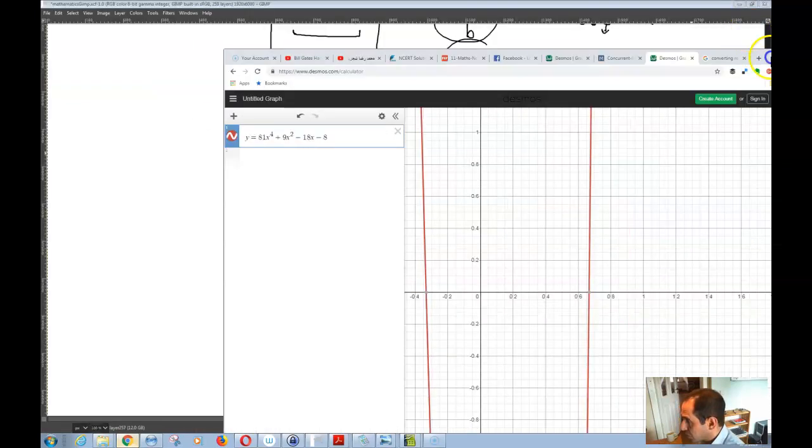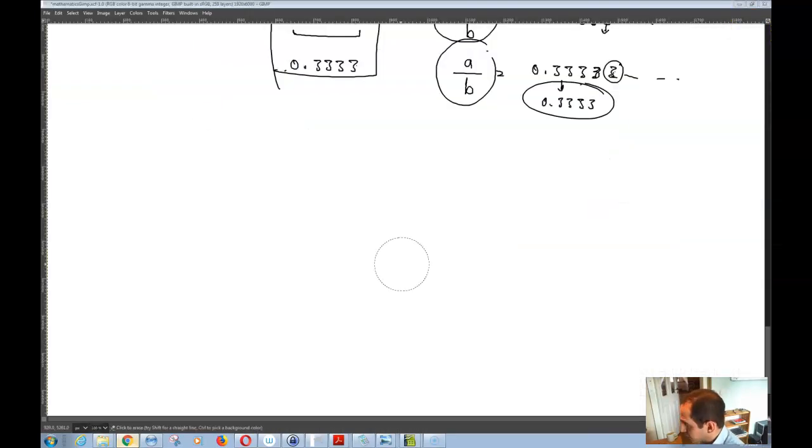Since 0.6666 repeating is the same thing as 0.6 repeating, you can of course write this as approximately equal to 0.6667, or however many decimal places you want to have. There is no problem with that.